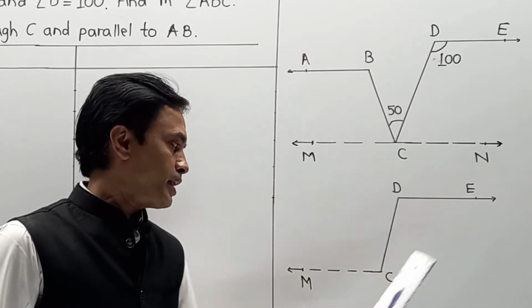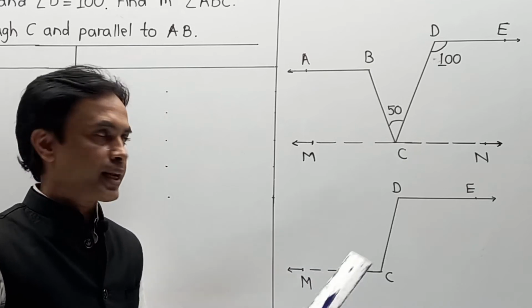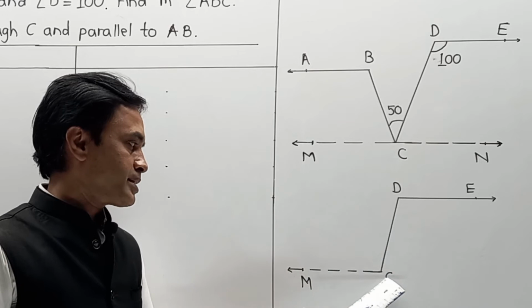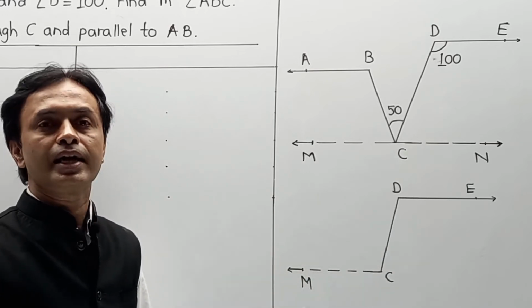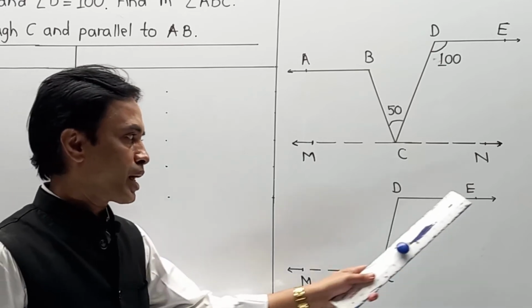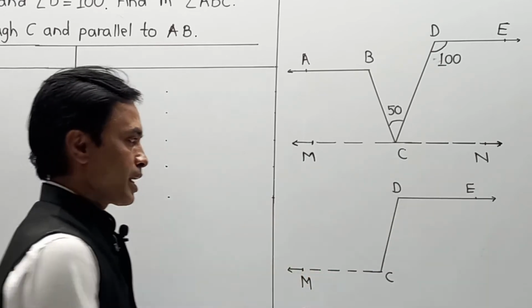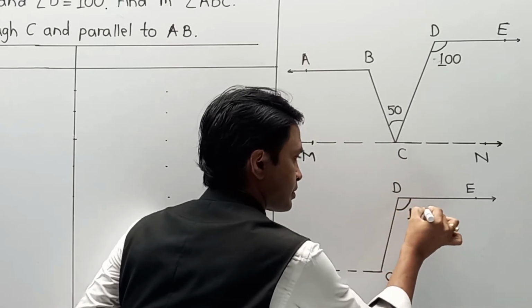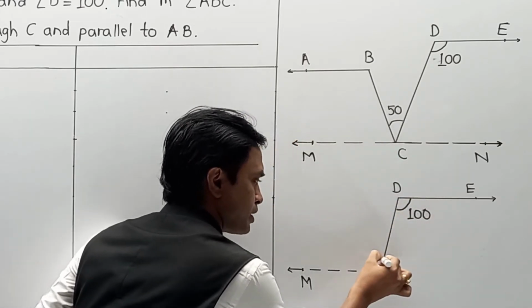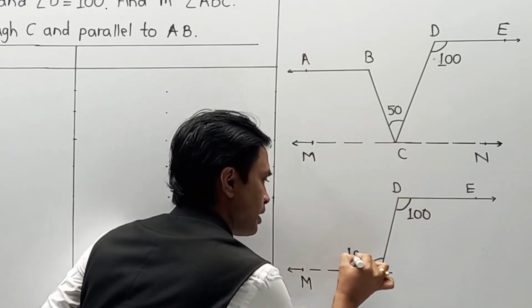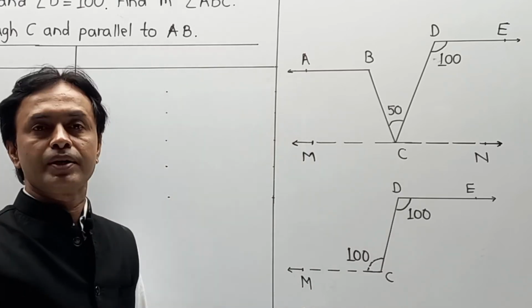Naturally, DE is parallel to CM, then angle EDC and angle DCM become alternate angles, and we know that alternate angles are congruent. So they have given EDC as 100 degrees. Automatically this angle, called angle DCM, also becomes 100 degrees.